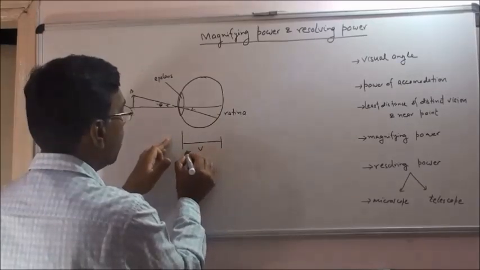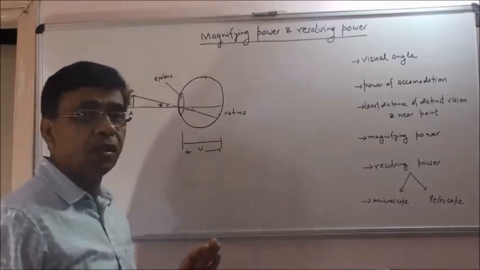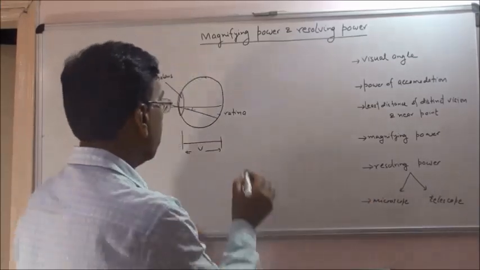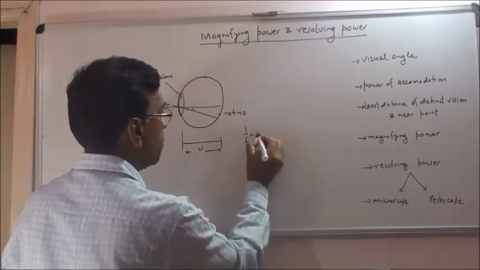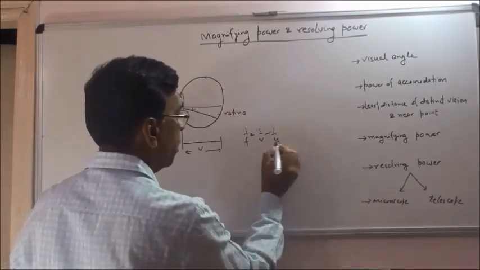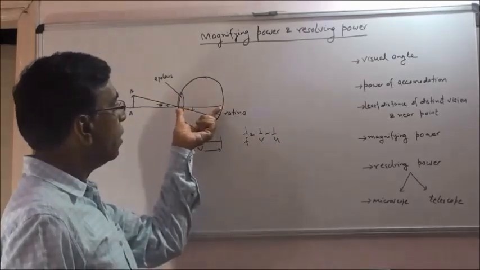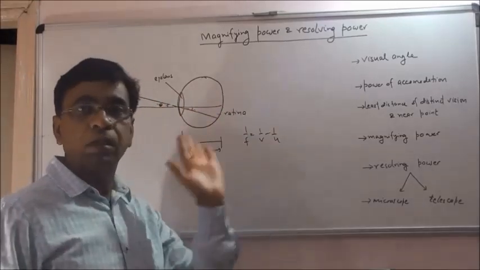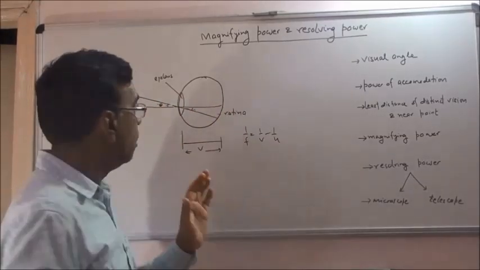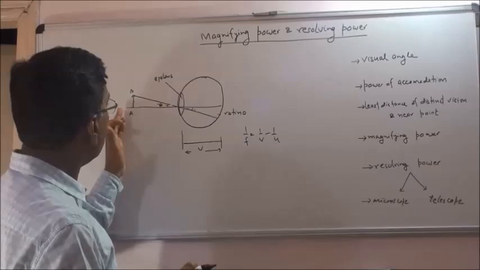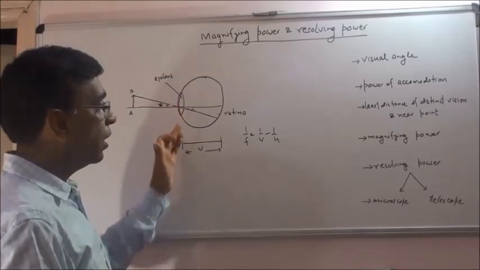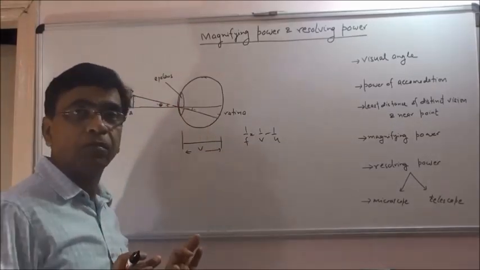So actually the value of V is fixed. If you can recall the expression 1 by f is equal to 1 by v minus 1 by u. So the value of v is fixed. The distance between retina and eye lens is constant for our eyes. So depending on the distance of the object from the eye lens, f will change.